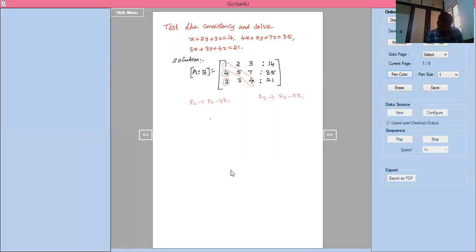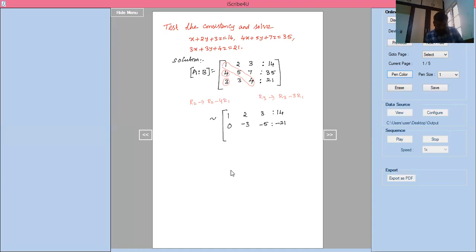We can write: first row should be 1, 2, 3 | 14. R2 minus 4R1: first one should be 0, next 5 minus 8 should be minus 3, 7 minus 12 should be minus 5, and 35 minus 56 is minus 21.